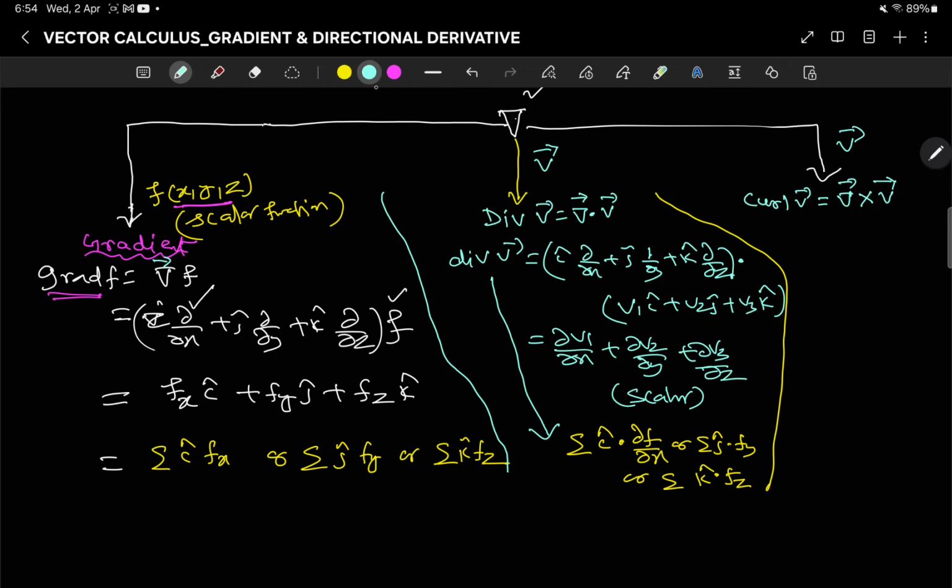curl of V is equal to the summation of i cap cross del f by del x, or I may write the summation of j cap cross del f by del y, or the summation of k cross del f by del z.